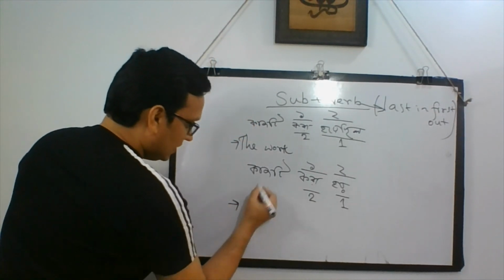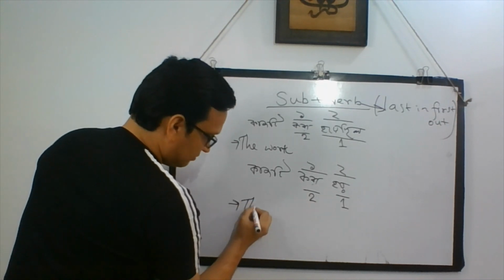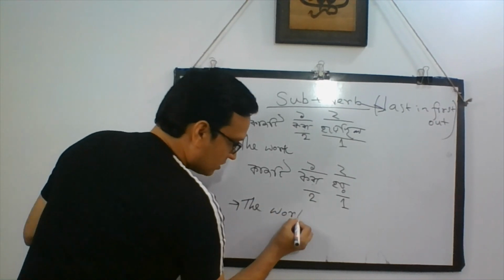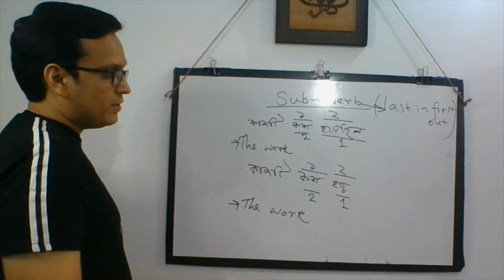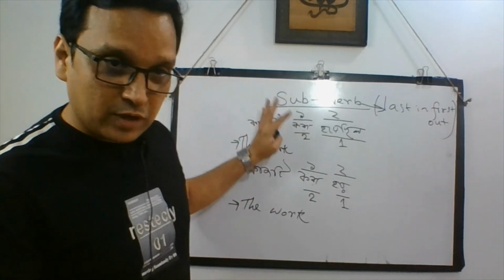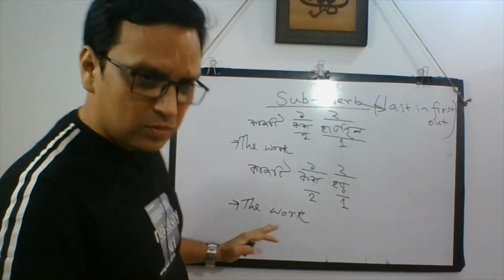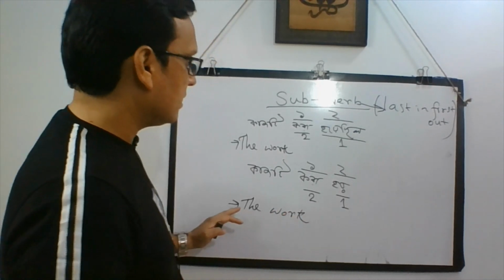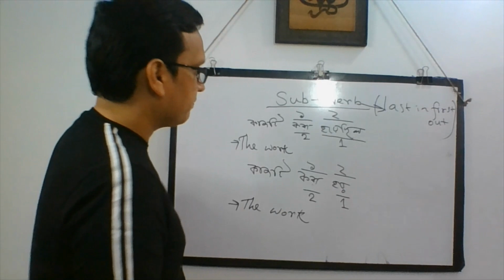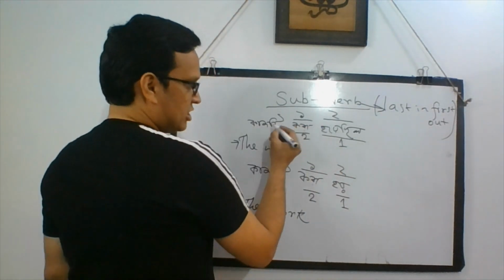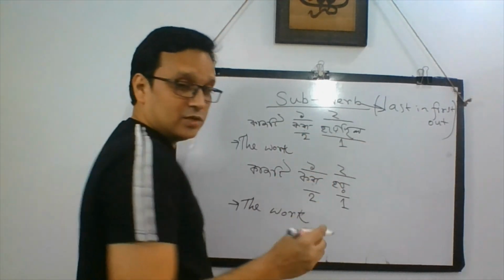Here we can see that the subject is the verb. So now we can be sure that will there be any be verbs like was, were, am, is, are? No? Why? See, here we can see that কাজটি করা হয়েছিল. কাজটি করা হয়.